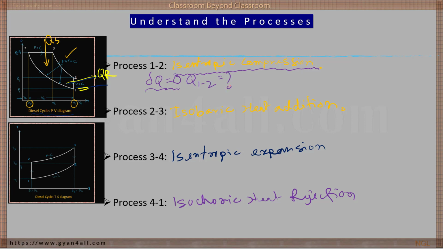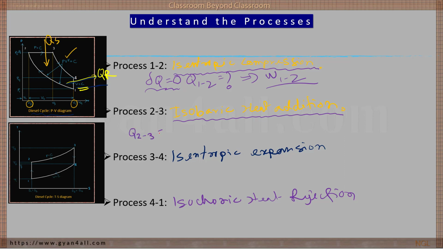There will be some work interaction definitely, and that we need not find out. We need not use any formula as of now. Now come to process 2-3. In process 2-3, which is isobaric, constant pressure heat addition, is there any heat interaction? Yes. Good. So we will call it Q23.